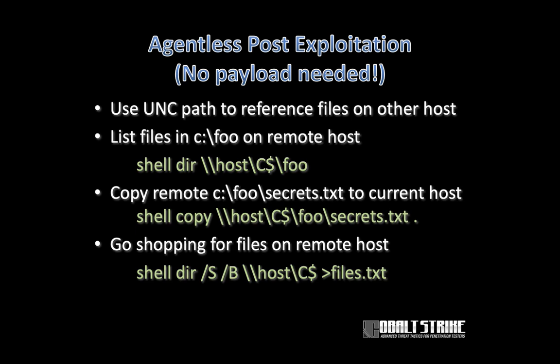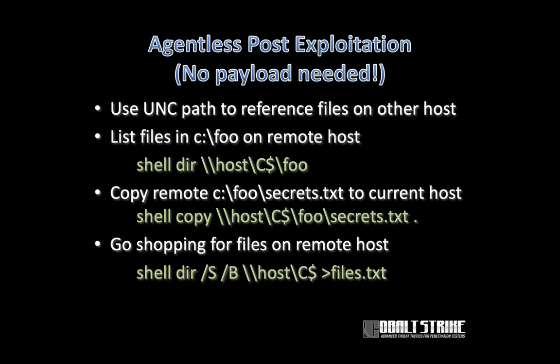One of the things you can do is use UNC paths to try to reference files on this other host. For example, if you want to list the files in C:\foo on the remote host, just do a dir \\host\C$\foo. If you want to copy a file from that remote host to your current host, you can do it.